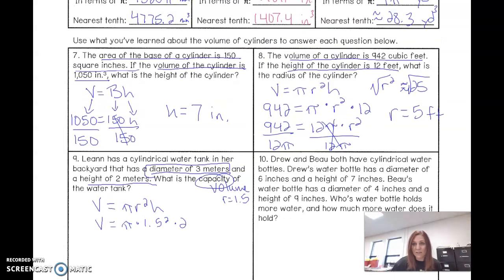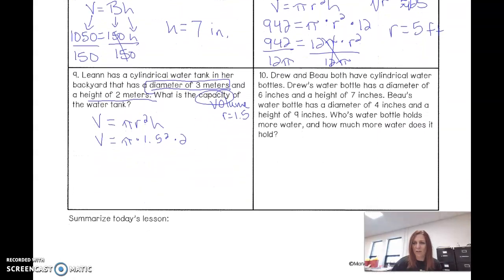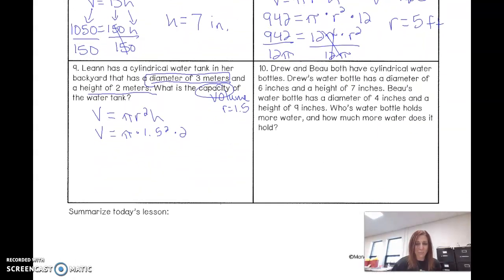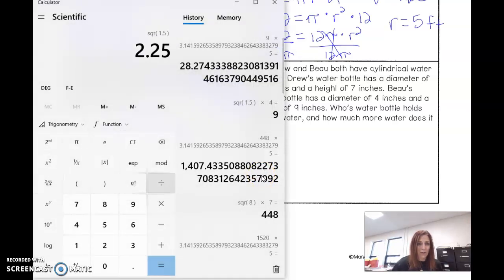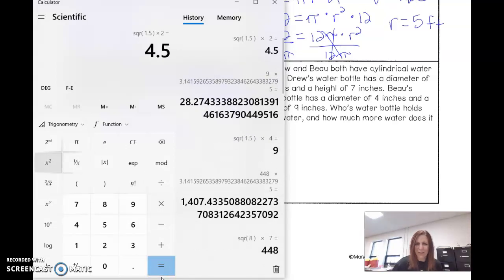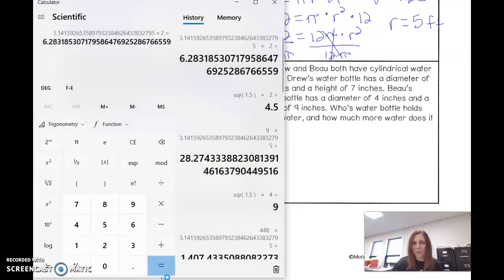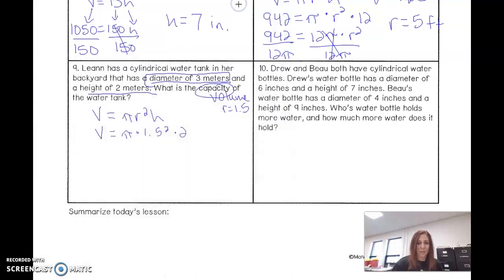Okay, I don't know about exact answers, but it doesn't say. So I am going to go 1.5 squared times 2, that's 4.5, and I'm going to times it by pi and get an answer of approximately 6.28.